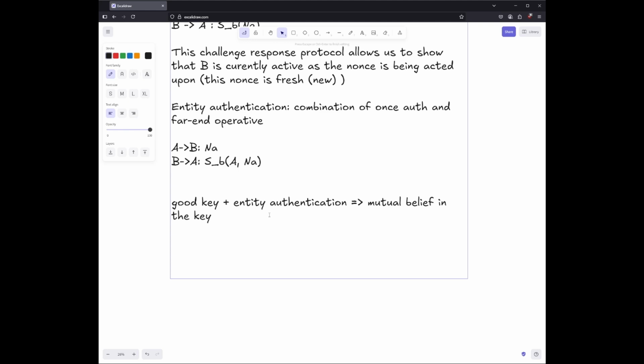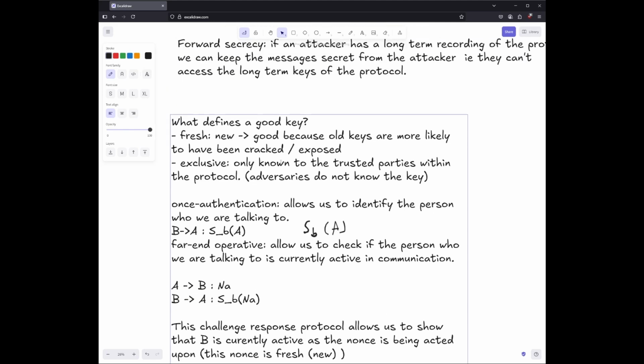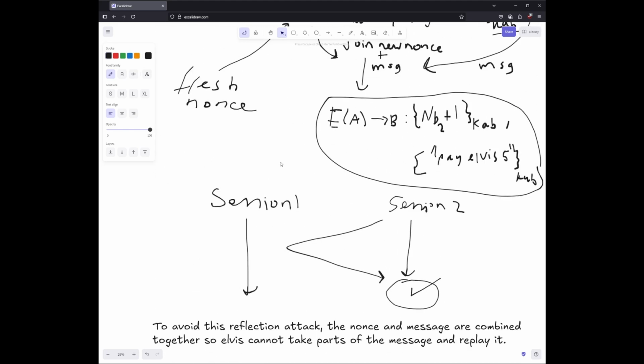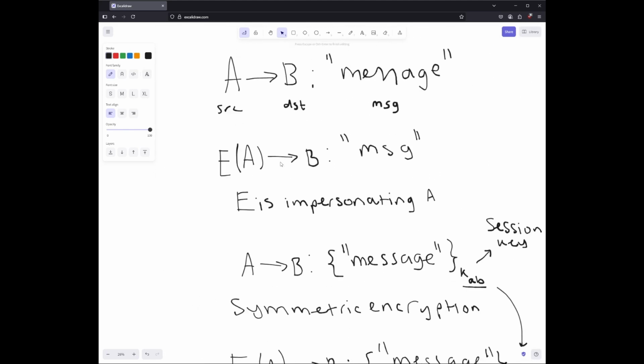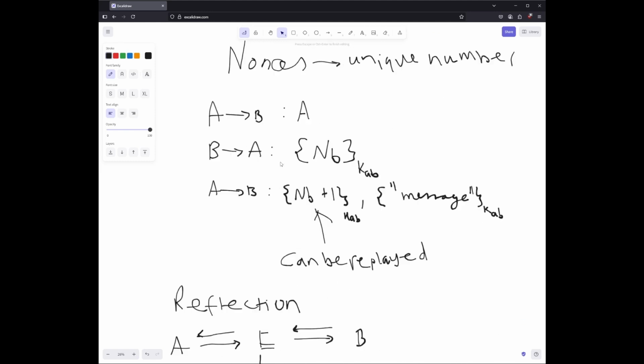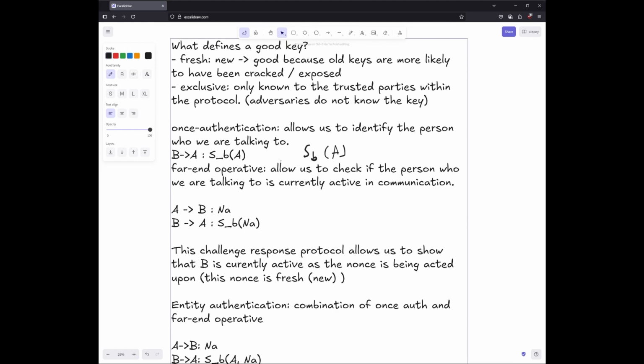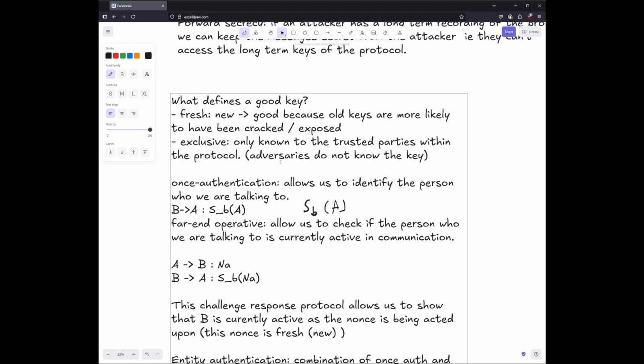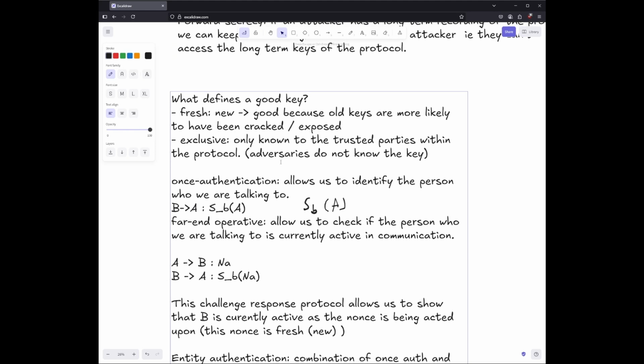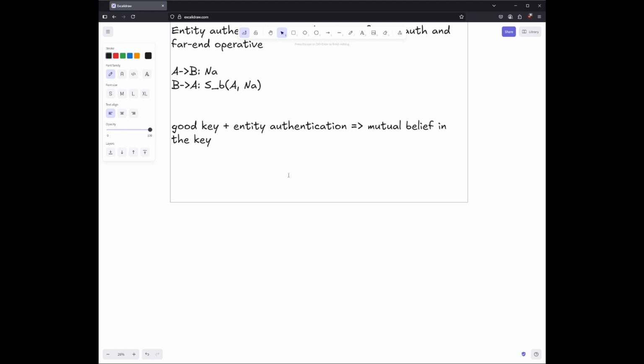So we've covered some of the notation within these sorts of protocols, and we've gone through what makes for a good cryptographic transaction, or the cryptographic goals. Yeah, so just a quick summary.